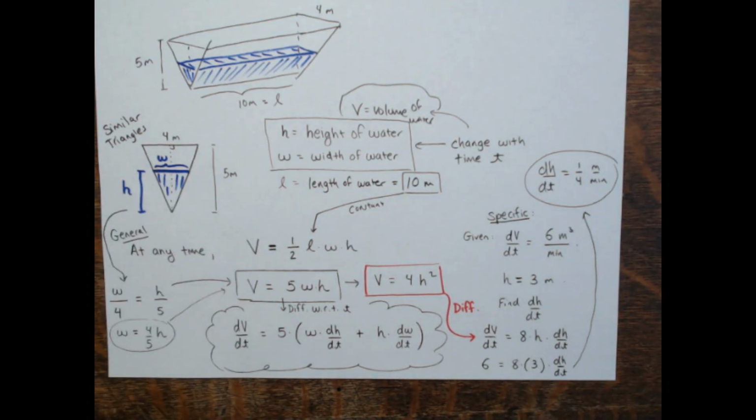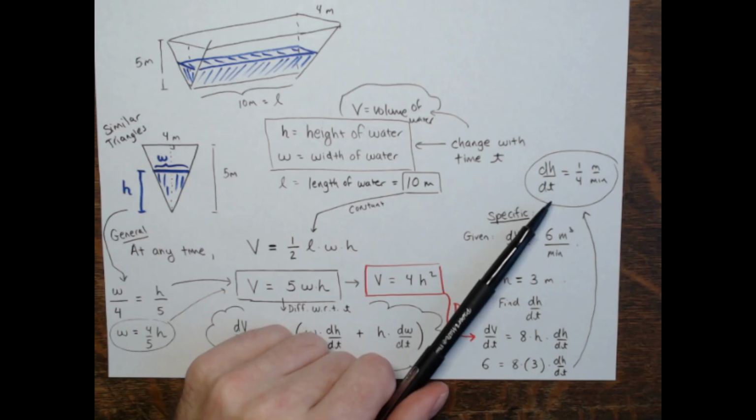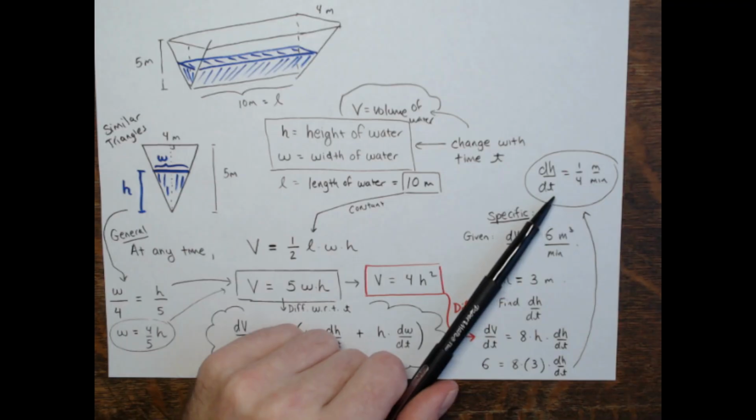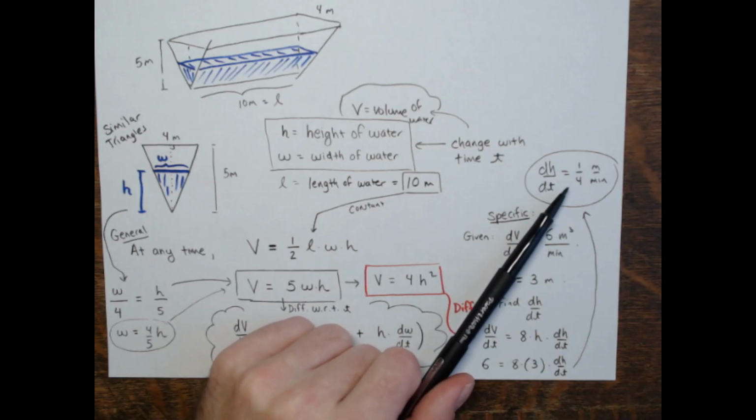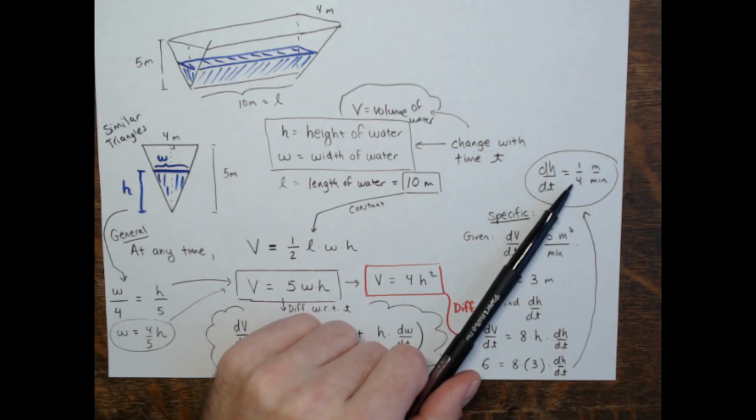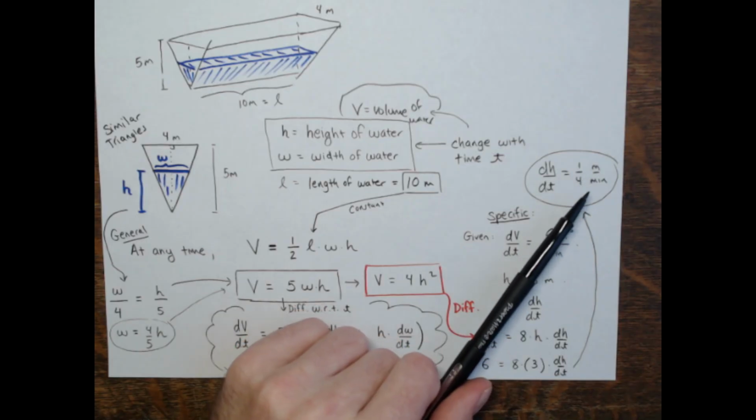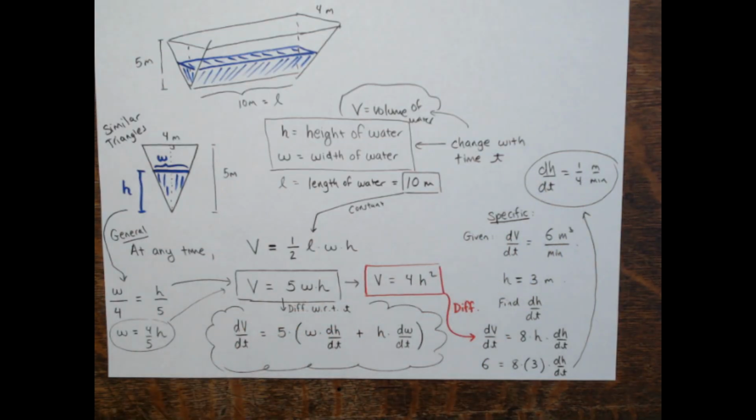Here's how fast the height is changing at that moment. It's got a positive rate of change. So the height is increasing at 1/4 meter per minute at the moment when the depth is 3 meters.